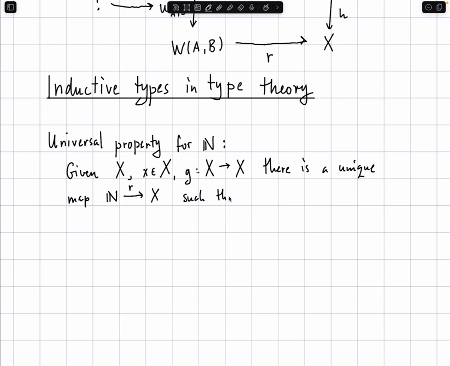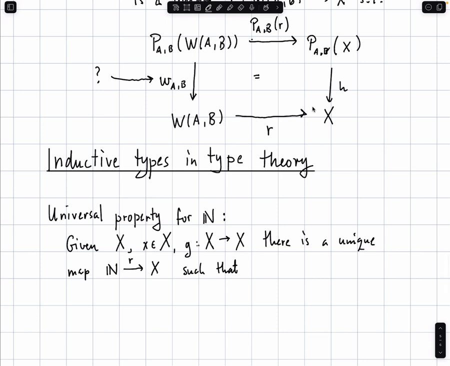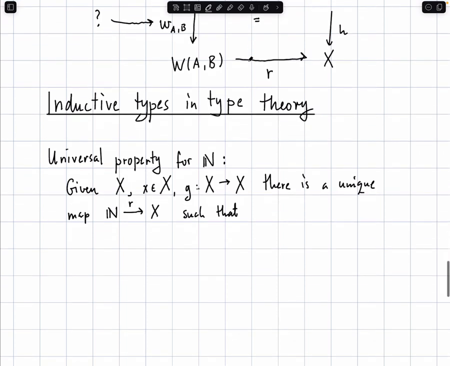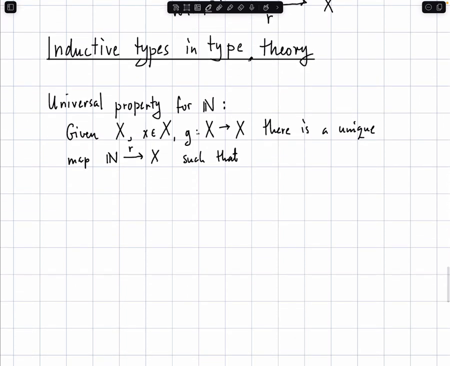such that this diagram commutes, but then we have to figure out what it means for this diagram to commute in terms of my x and g. So the diagram is going to look a little bit like this. It's going to be 1 plus n, because that's what my polynomial functor is. And then down here it's n. And then here it's 1 plus x.